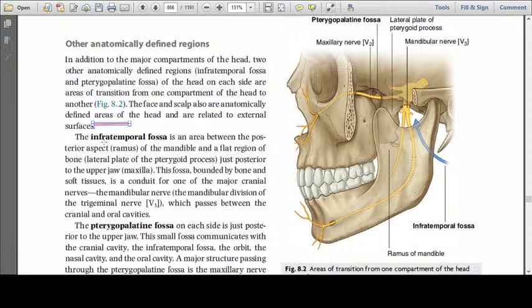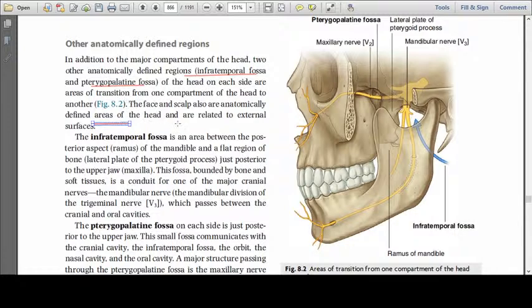In addition to the major compartments of the head, two other anatomically defined regions are the infratemporal fossa and pterygopalatine fossa of the head on each side, areas of transition from one compartment to another.